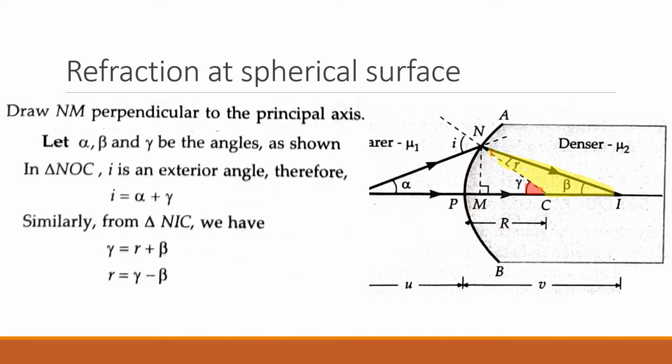The two opposite interior angles are your angle R and your angle beta. So gamma equals R plus beta, or I can also write R as gamma minus beta.